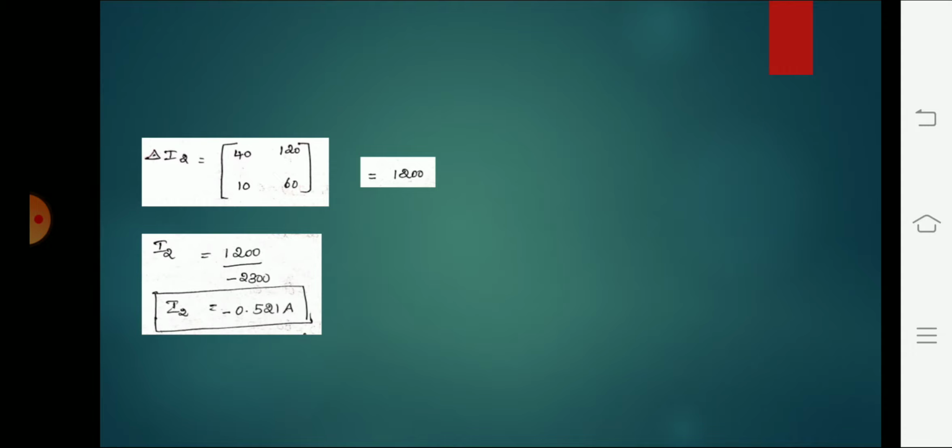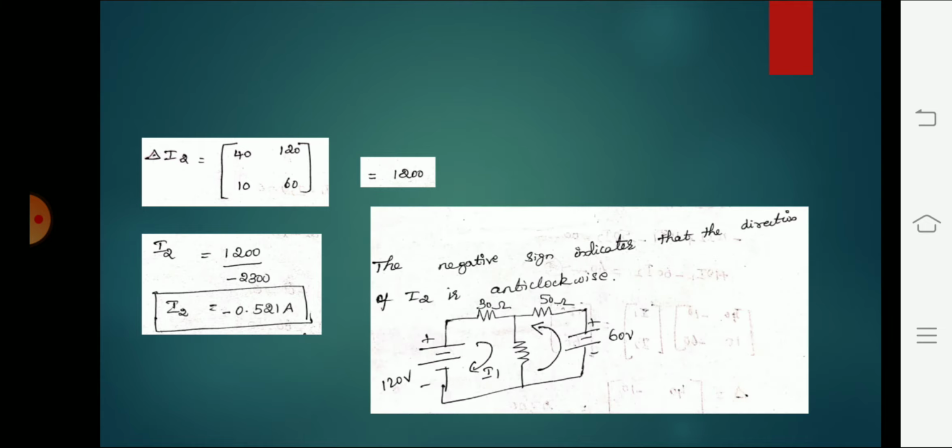Next we find delta I2, and the answer is 1200. I2 is delta I2 divided by delta, and we get minus 0.521. The negative sign indicates the direction of I2 is anti-clockwise. So we redraw the diagram like that.